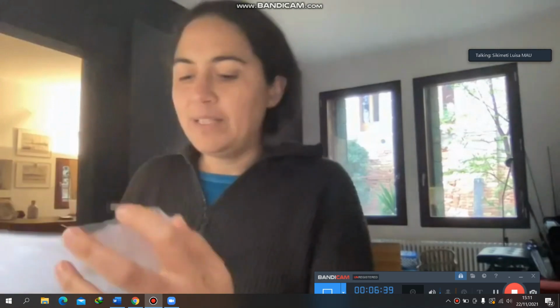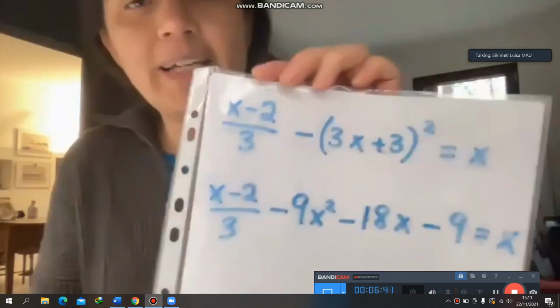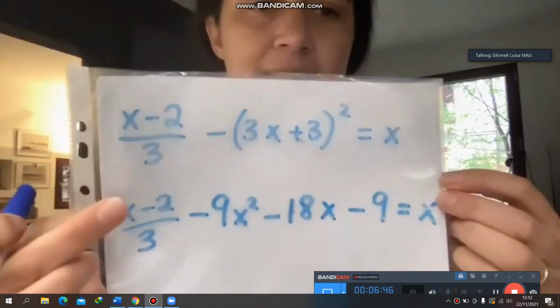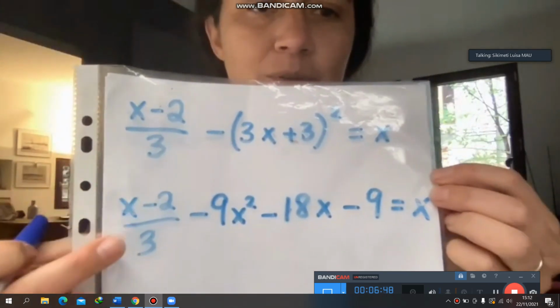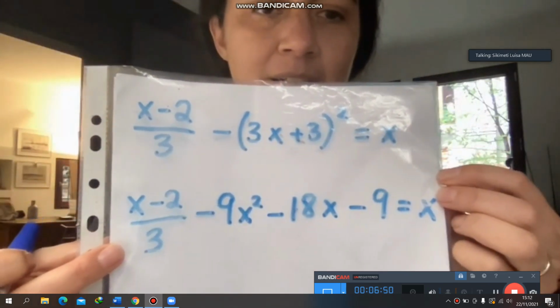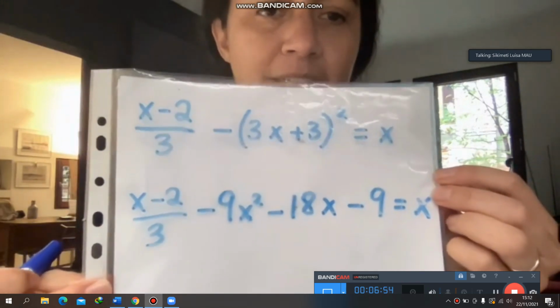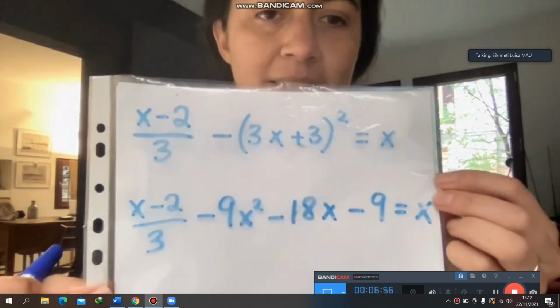Okay, so now one thing that I don't particularly like is this over this side here. I have this x minus 2 all divided by 3, right? So what I'm going to do is multiply everything by 3 to get rid of that denominator.